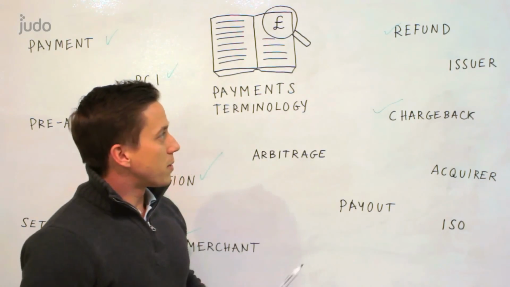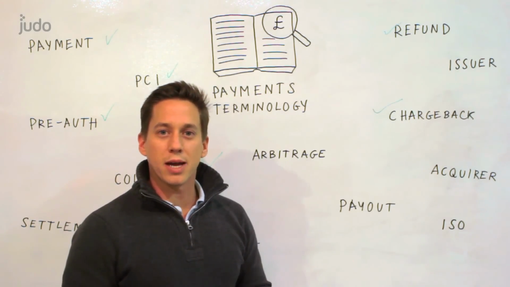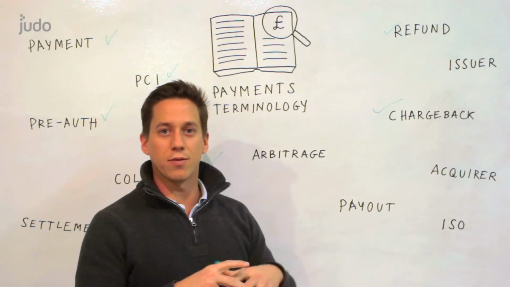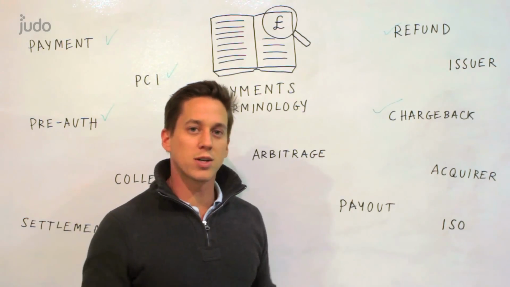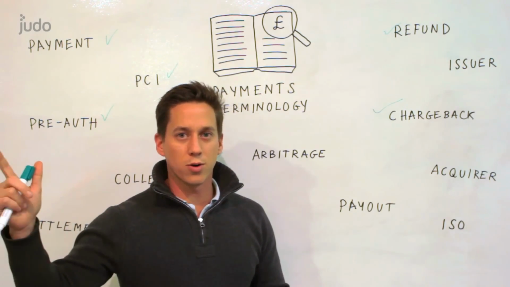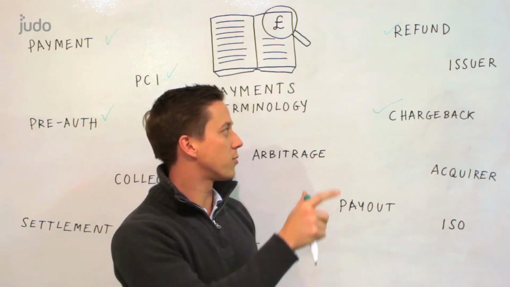So we talked a little bit about the issuing bank before. The issuer, or issuing bank, is the banking institution that is on the cardholder side of the overall payments flow. If you've watched some of our earlier videos, we talked through an issuing bank to a cardholder, how they interact with the card schemes, and then go through to the merchant account.